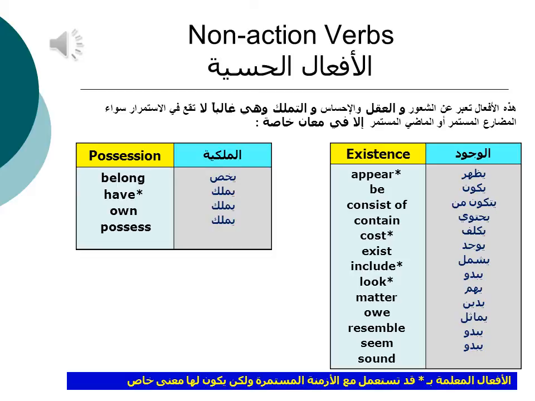Verbs like appear, be, consist of, contain, cost, exist, include, look, matter, owe, resemble, seem, and sound. Again, some of the verbs have got a star on them. These can be used in the continuous form, but again with a slight difference in meaning.